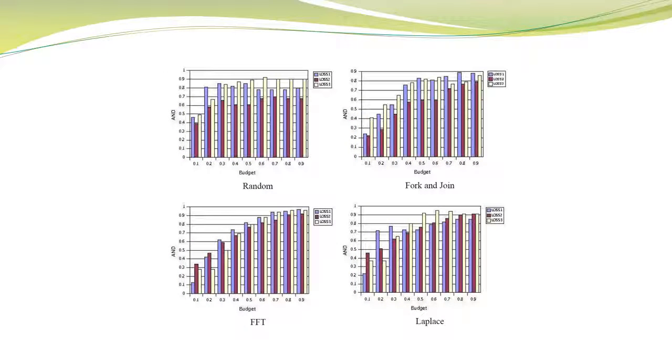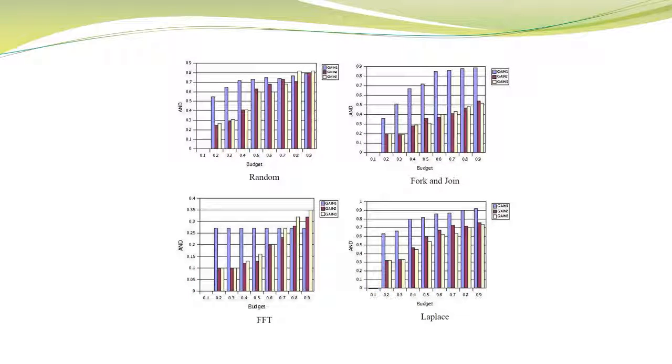And this is the average normalized difference for the three different variants of loss when HBMCT is used to generate the initial schedules. Again, for four different DAGs, here you can see the loss approach when HBMCT is in use. Finally, this is the average normalized difference for the three variants of gain.